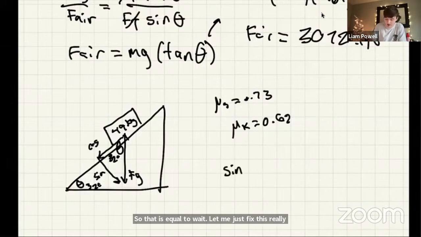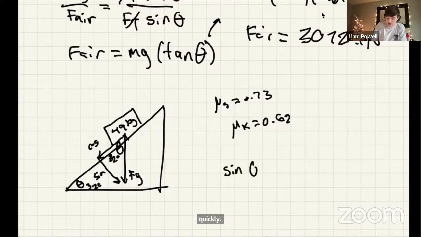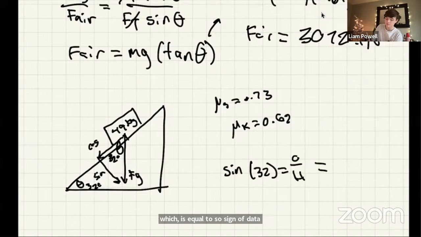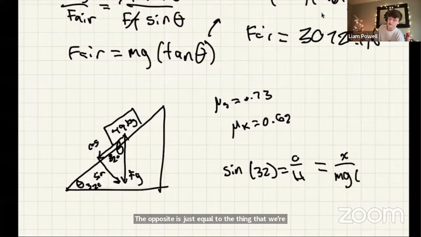The sine of theta is equal to sine of 32. Sine of theta is opposite over hypotenuse. The opposite is just the thing that we're finding, so we can put that x over the hypotenuse, which is mass times gravity.